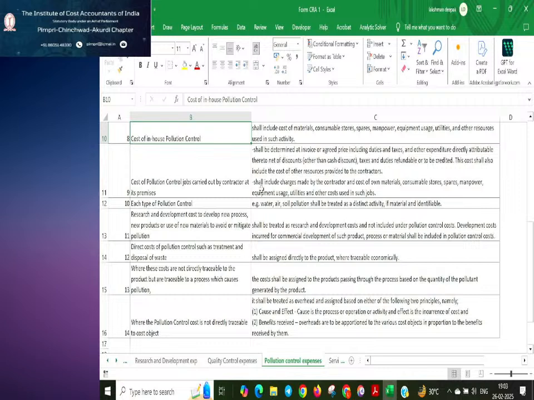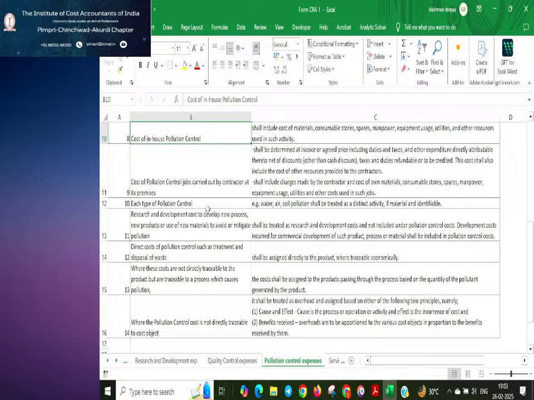Then whatever is the agreed price or the invoice will be taken as the cost. So it shall include the charges made by the contractor, and if you supply your own materials or your own premises to them, it could be like you have your premises for pollution control, but you have somebody else working on it, because you don't have technical people who can do that pollution control. So you hire from somewhere else on a contract basis and employ them to do that. So whatever expenses you meet will be considered.